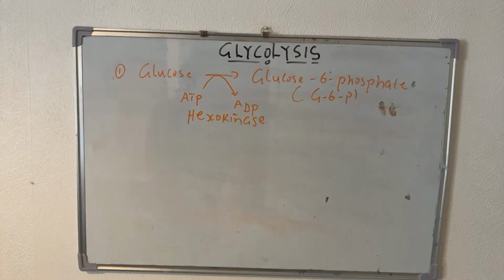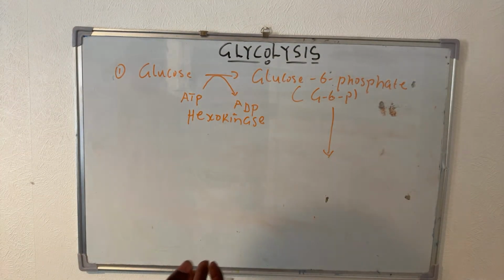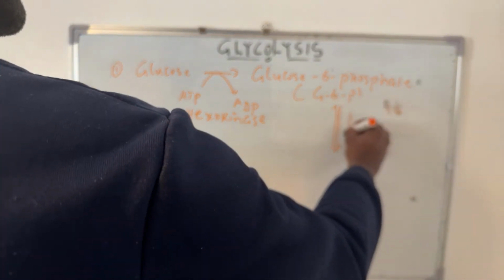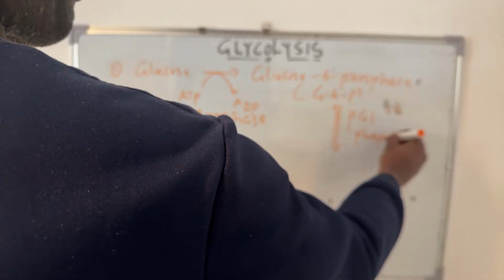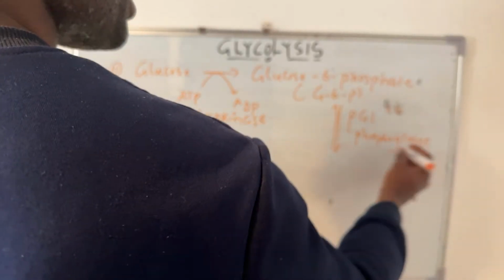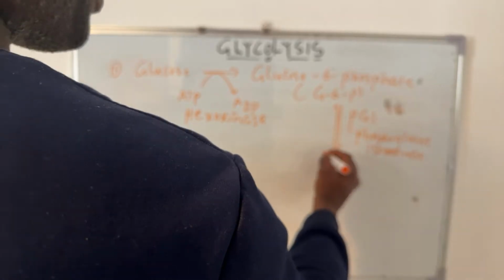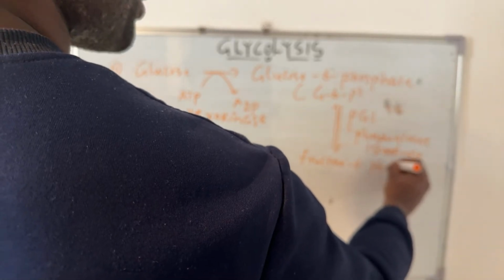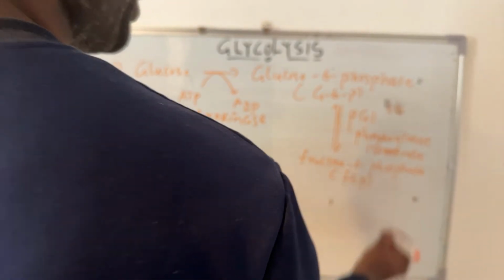Now, glucose 6-phosphate is isomerized, a reversible process, by phosphoglucose isomerase, PGI, to form fructose 6-phosphate, that is F6P.